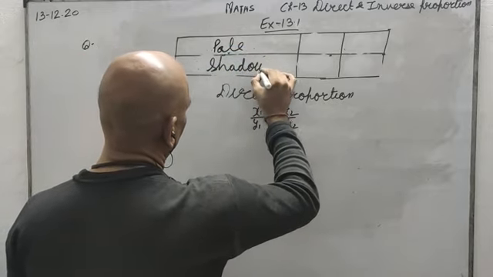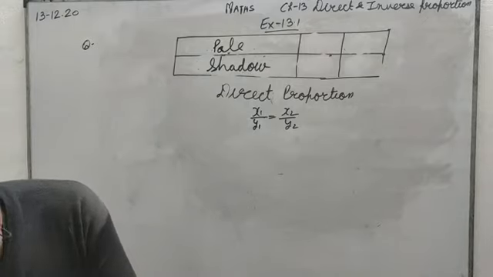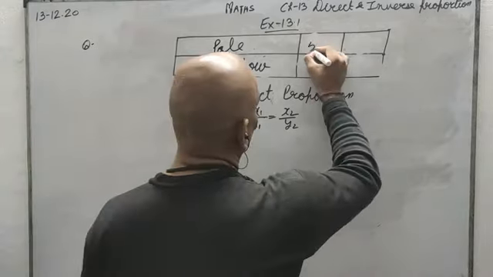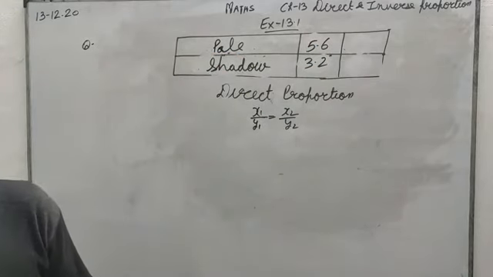Pole is 5.6, shadow is 3.2. Then what is he saying?